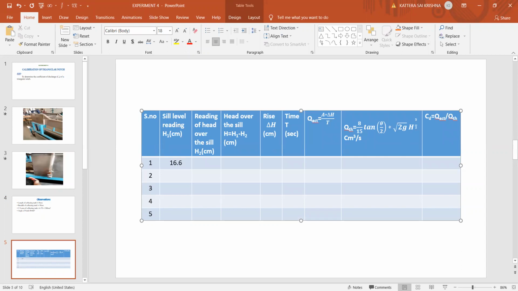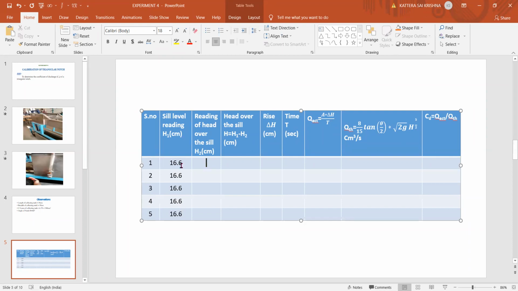This reading will be constant throughout the experiment because the water level at the back side of your notch is always constant. After increasing the regulating valve, the water will flow above the notch only. So 16.6 is your sill level reading, S-I-L-L, 16.6 centimeters. This is always constant.